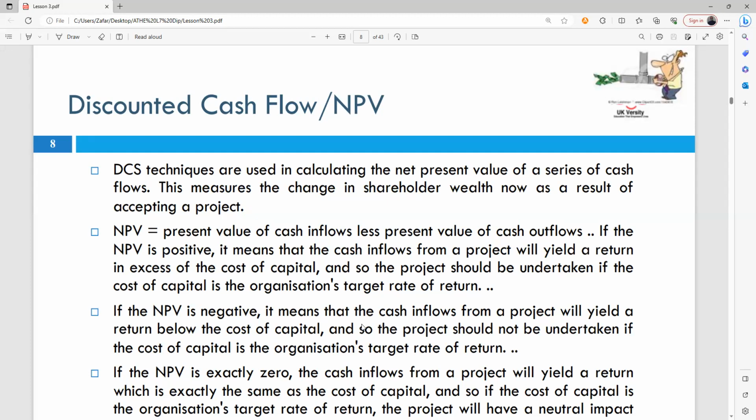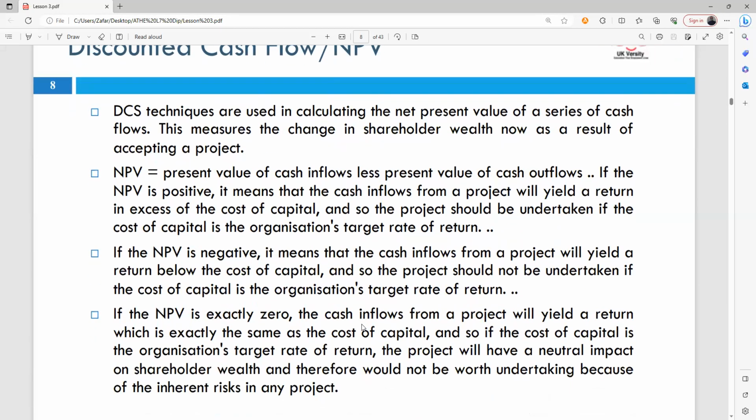So with the net present value, how do we know whether a project is good or bad? We can judge by three outcomes. If the net present value is 0, then we can either take it or leave it, because it doesn't give us a positive or negative return.